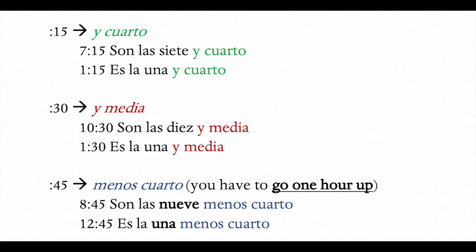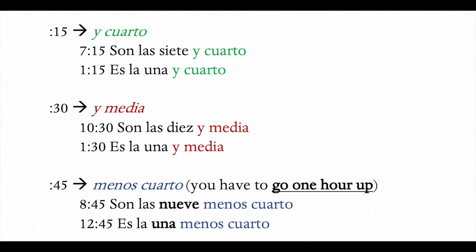Now, if it's 45 minutes past the hour, so a quarter before the hour, then we do something slightly different. We use the expression menos cuarto, minus a quarter, menos cuarto. And because it is past the half, we have to go 1 hour up.